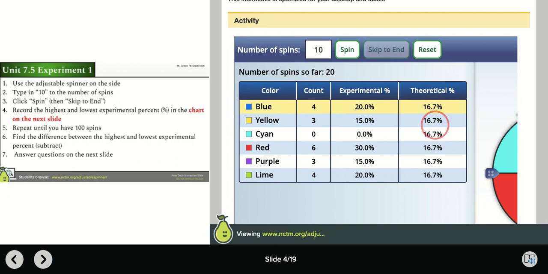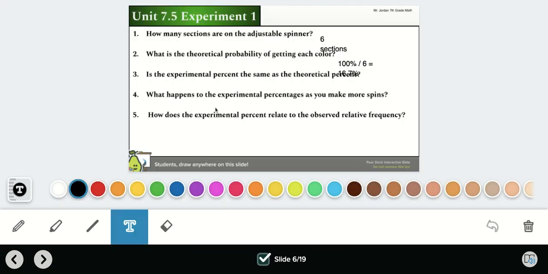The theoretical should be 16.7% for all of them, but the experimental percentages are mainly different, certainly different than the theoretical probability or percent. So is the experimental percent the same as the theoretical percentage? Simply, no, it is different.